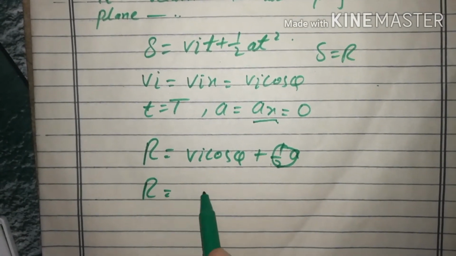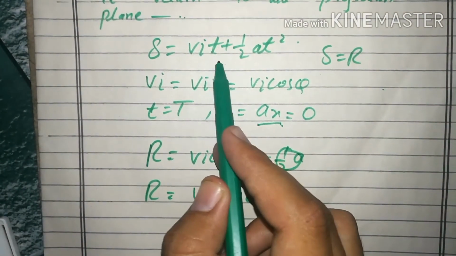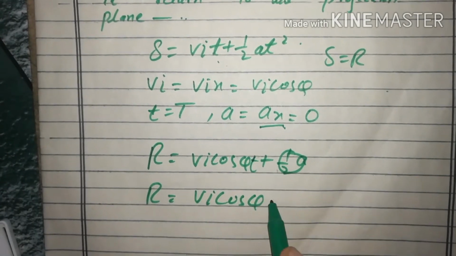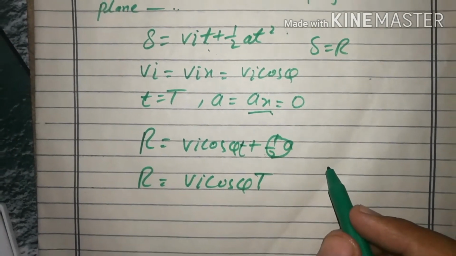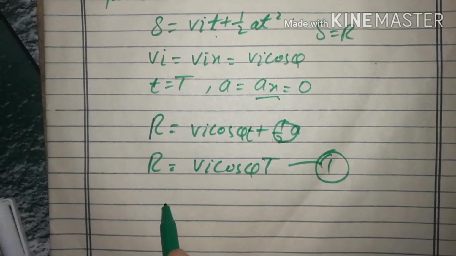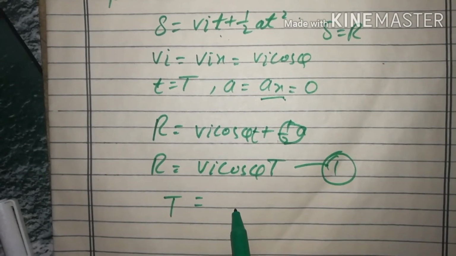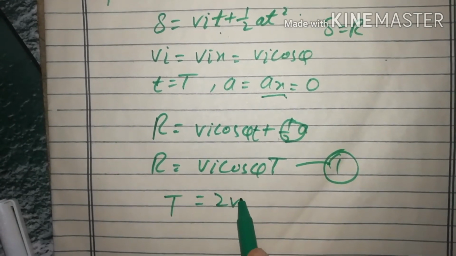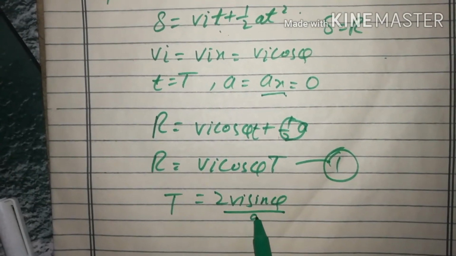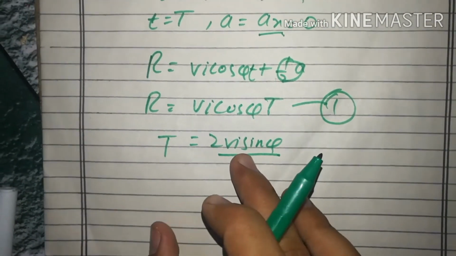So R is equal to Vi cos theta, and here T is capital T. We call it equation number 1. As we know that T is equal to 2 Vi sin theta divided by g, which is the time of flight of the projectile.